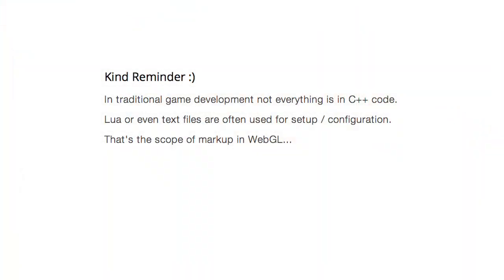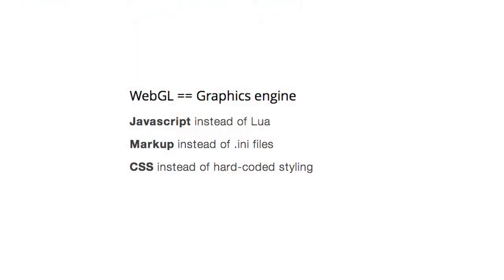So if we go to traditional game development, we use C++, but we don't really use C++ for everything. We've got Lua for scripting. We've got text files, ini files for settings. So this is really not far from what we're already doing in traditional development.